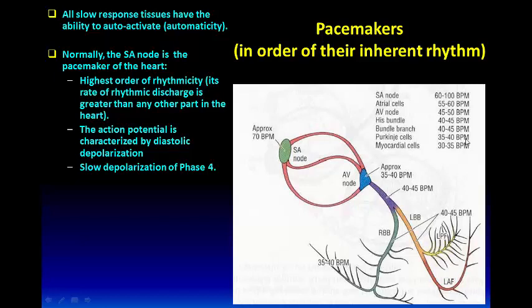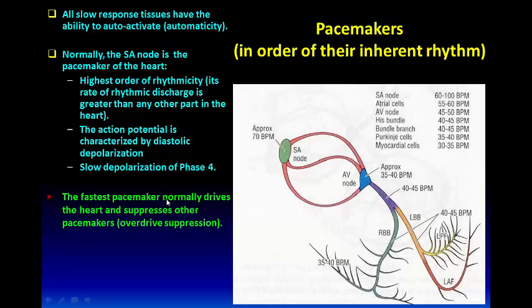So this shows that the sinoatrial node has the highest order of rhythmicity, and because of that it acts as the pacemaker of the heart, and all other possible pacemakers will not function as pacemakers, but rather respond to the cardiac impulses generated in the sinoatrial node.